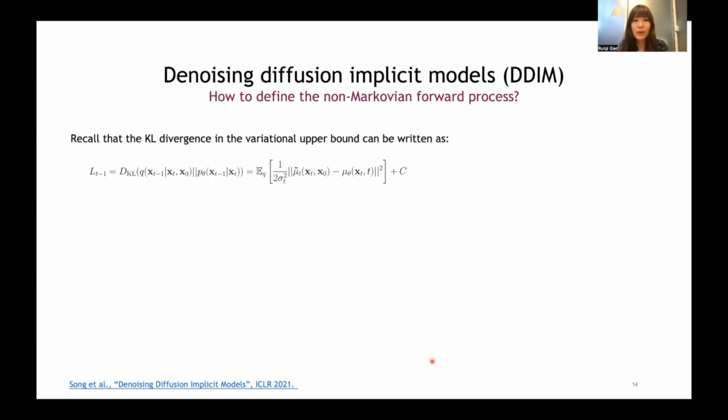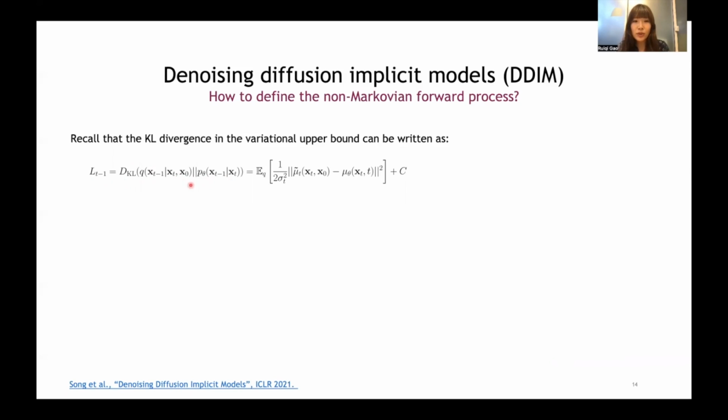Okay, so to see how we can define those non-Markovian forward processes, let's recap the derivation of the KL divergence in the variational lower bound. Recall that this L_{t-1} is defined as the KL divergence between the posterior distribution q(x_{t-1} | x_t, x_0) and the denoising distribution p_theta(x_{t-1} | x_t). This p_theta is parameterized by the diffusion model.